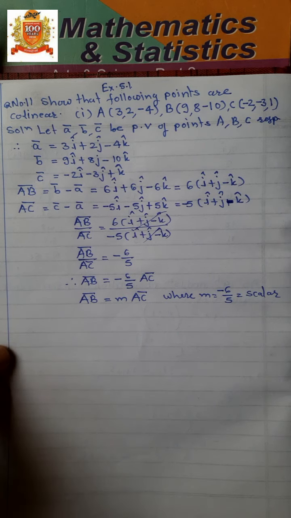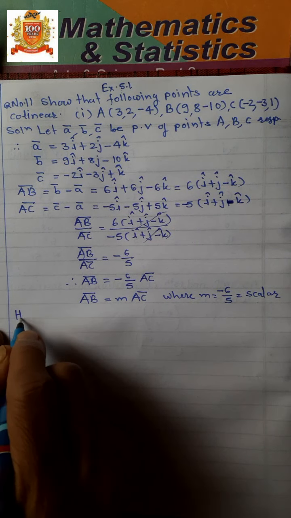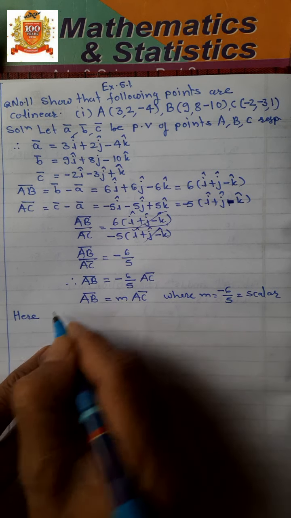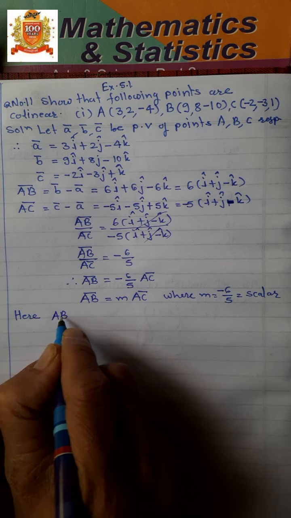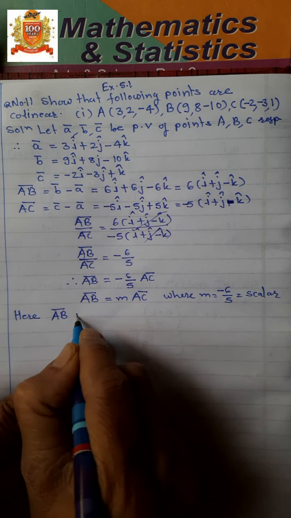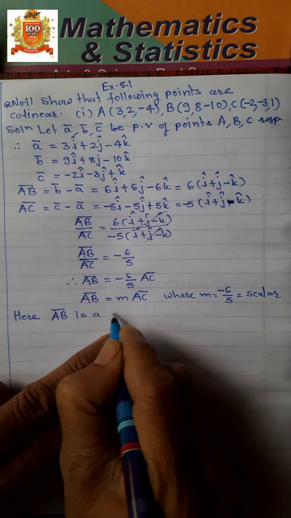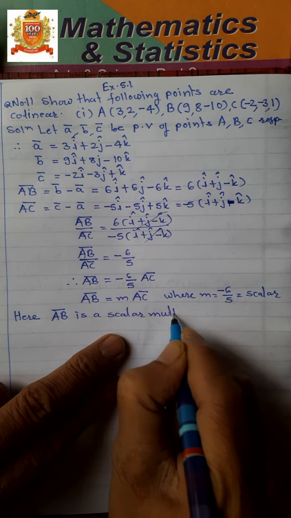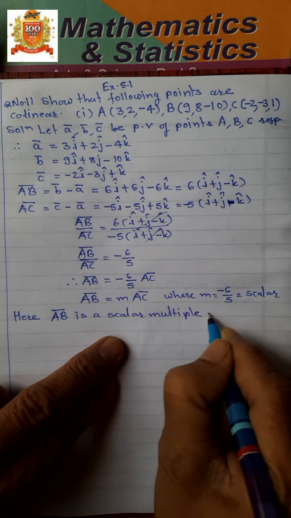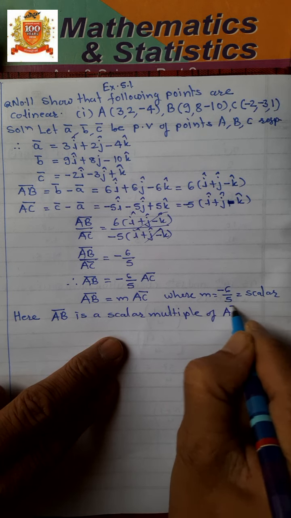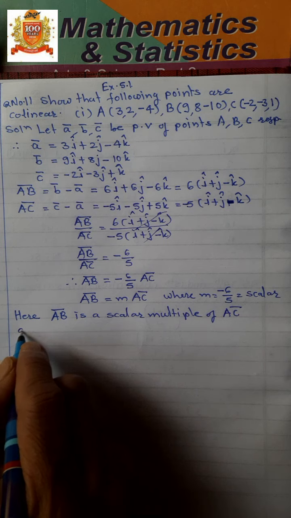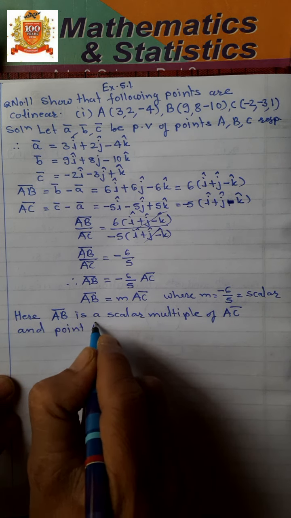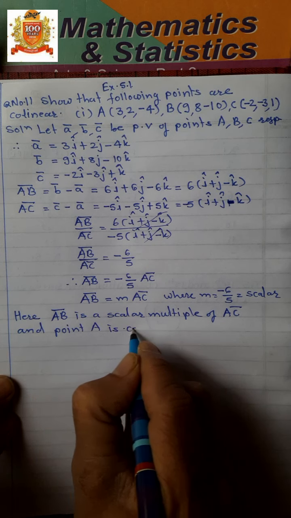Here one vector is a scalar multiple of the other. Here AB bar is a scalar multiple of AC bar, and point A is common.